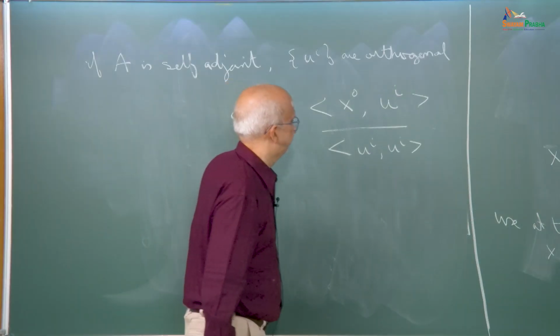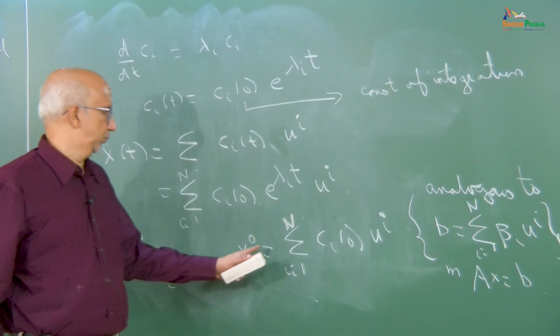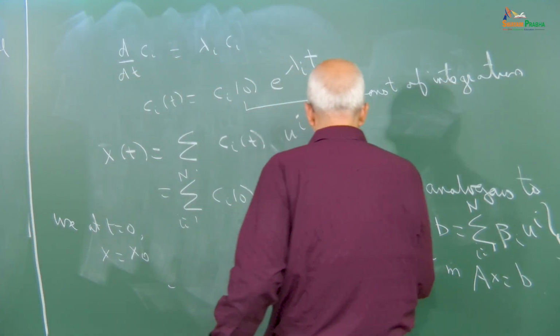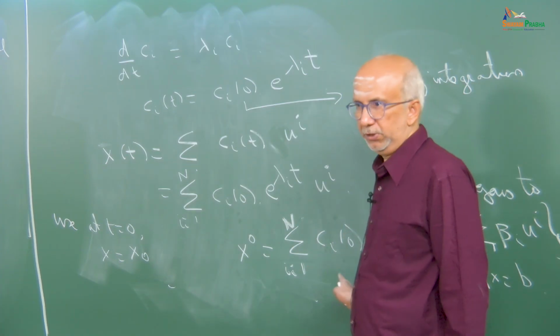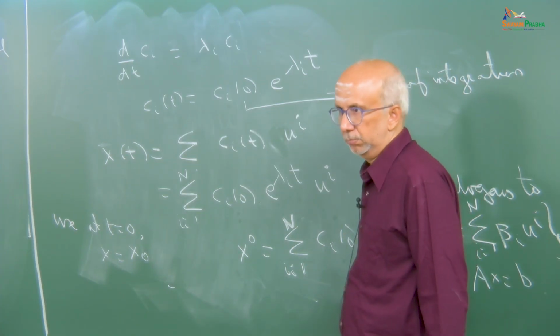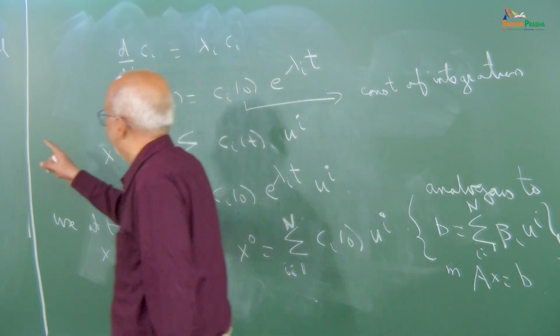You will take the inner product of both sides with ui. If it is orthogonal, everything else will be 0, only one will contribute, okay. So, that is what I am getting.